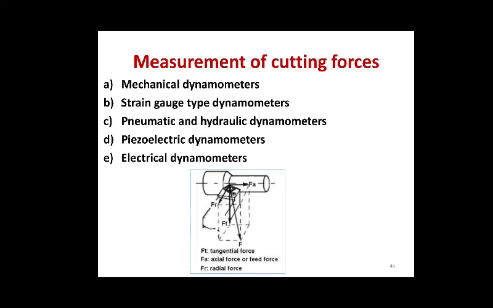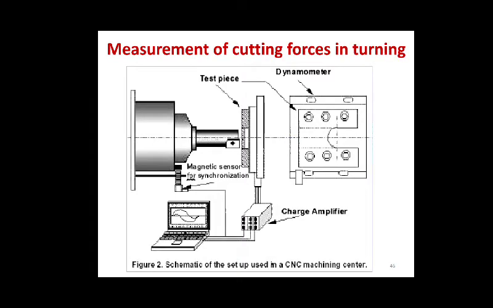So, measurement of cutting forces. Measurement can be done by using mechanical dynamometer, strain gauge type dynamometer, pneumatic and hydraulic dynamometer, piezoelectric dynamometers, and electrical dynamometers. So here you can see the measurement of cutting force in turning.